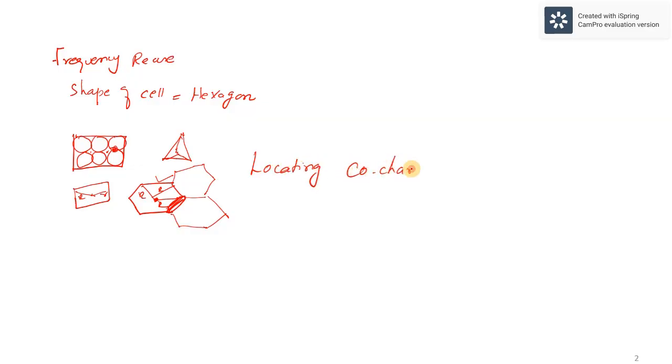Select any one cell in the cluster, assume it to be I, and then you turn 60 degrees counterclockwise and move towards J cells. That is the point at which you can select that particular cell for a reuse technique.